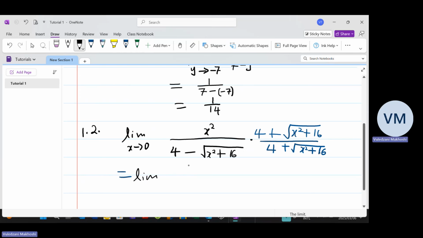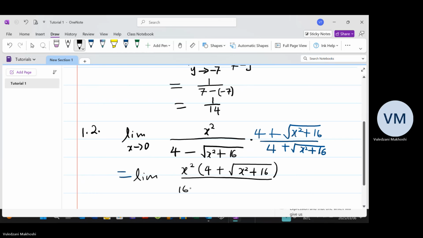This is equal to the limit of x squared multiplied by 4 plus the square root of x squared plus 16. Divide this by the product of this expression and that one, which will give us 16 minus x squared plus 16.